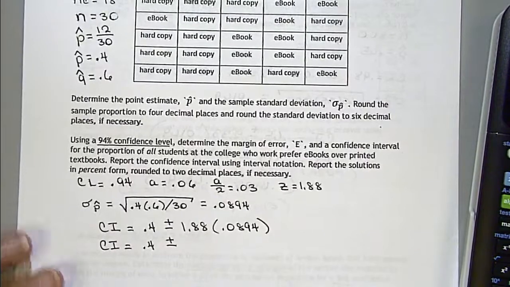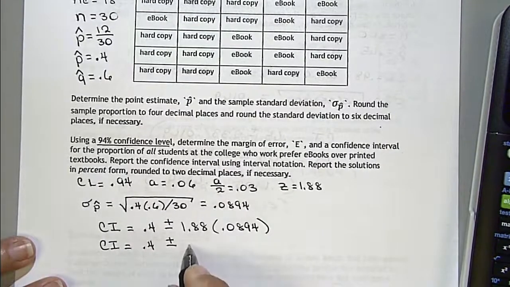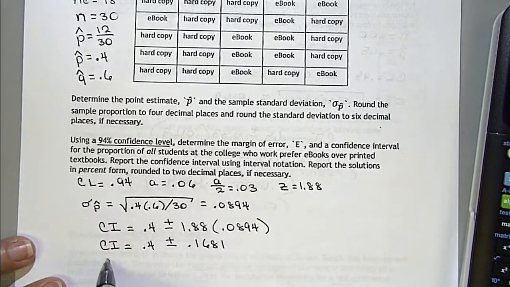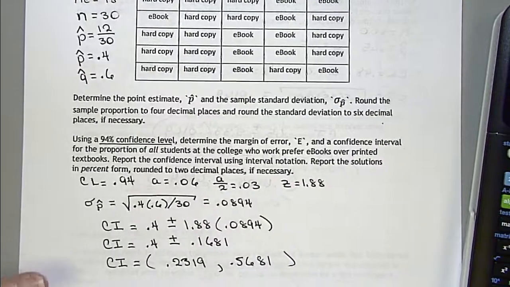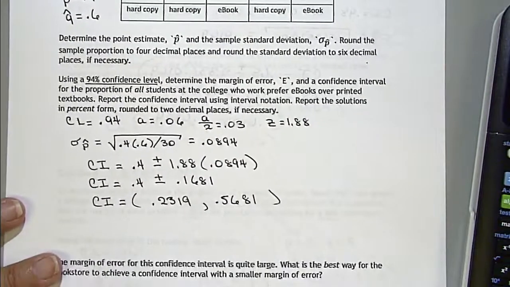And I got 0.1681. So here it is, two numbers, 0.2319 and 0.5681, and that's what I came up with.